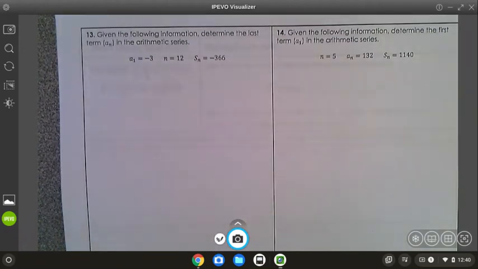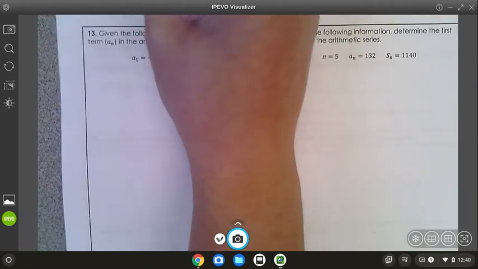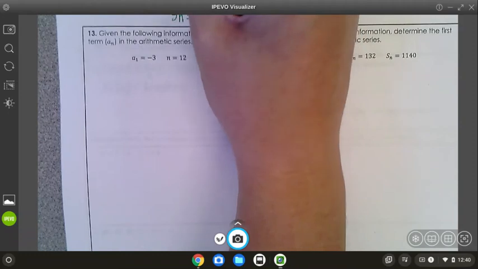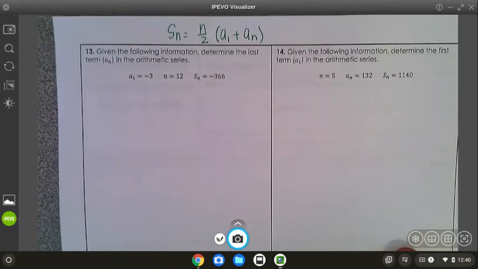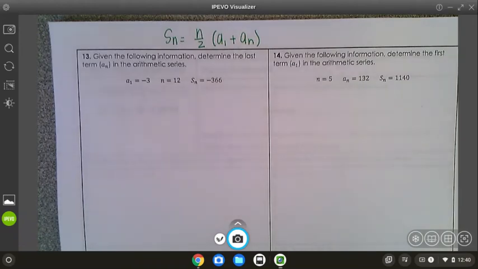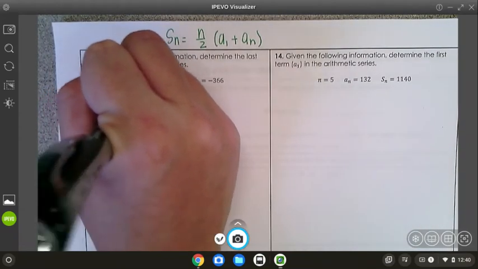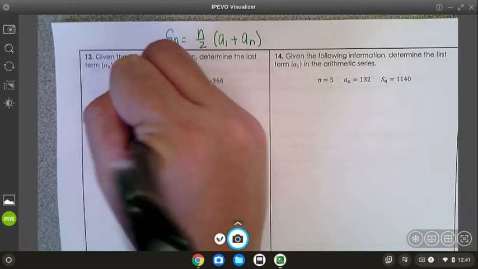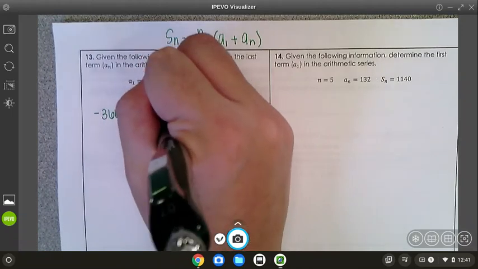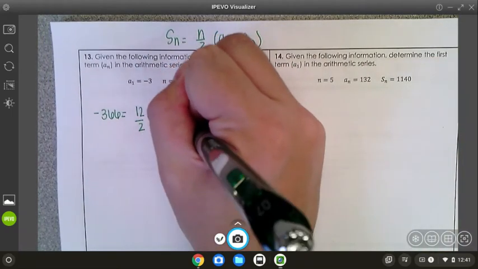Here's the formula. We know Sn. We know the n this time. We know a1. And we do not know an.